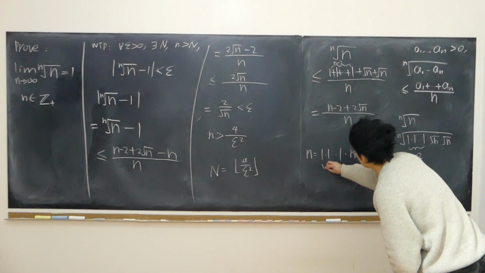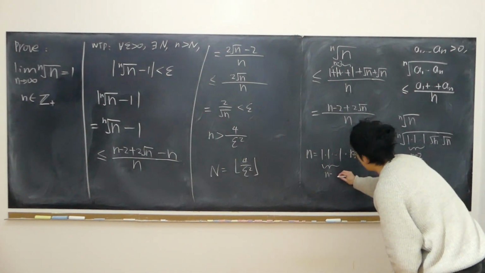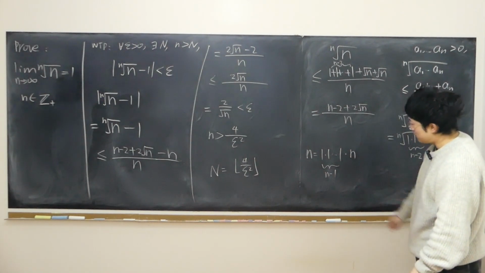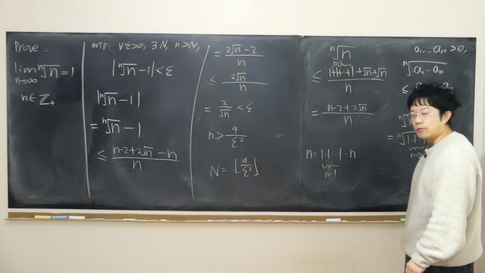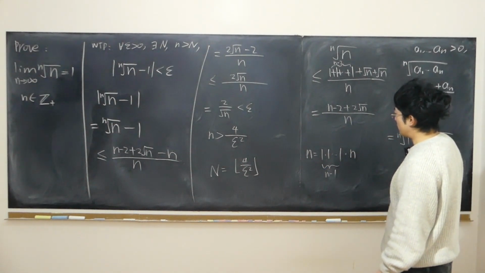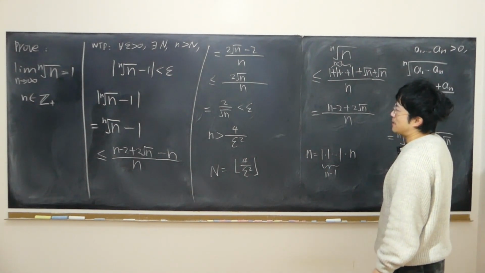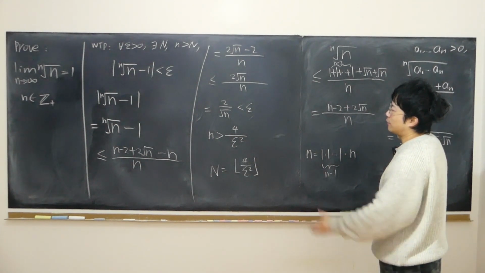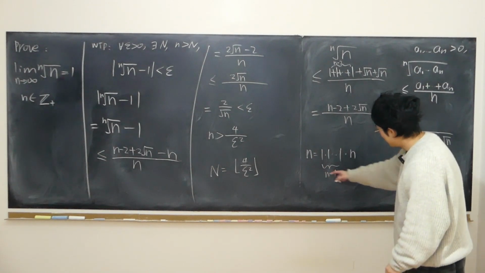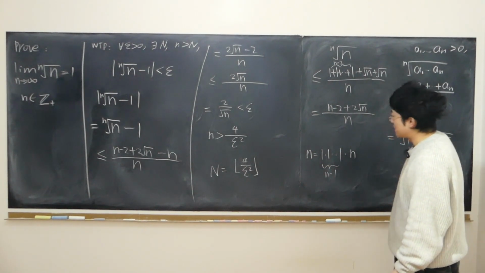How many ones in here? N minus 1 ones in here. Why not rewrite it like this? I'll leave the question to you. Yeah, let me know in the comment. Why not write it like this? Just give it a try and use the same technique. And in the end, you will realize the reason we don't write it like this.